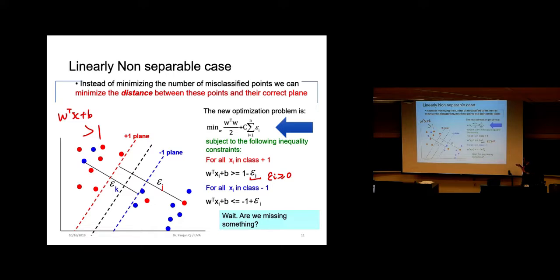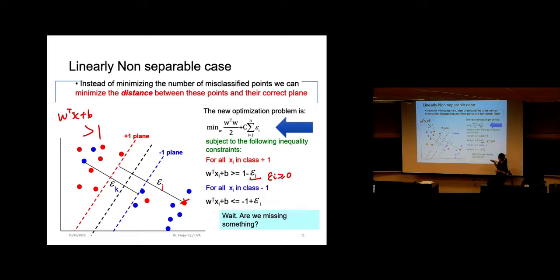Only those points on the wrong side, which are supposed to be larger than 1 but are actually smaller, matter. Let's see this red point. I wanted it to be larger than 1, but with a little bit of epsilon j noise.